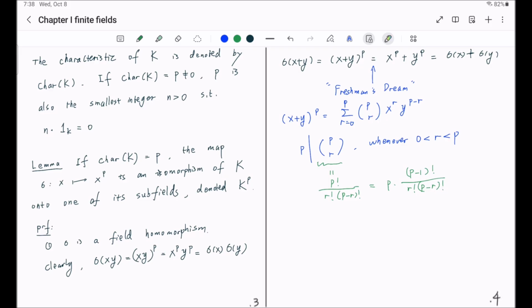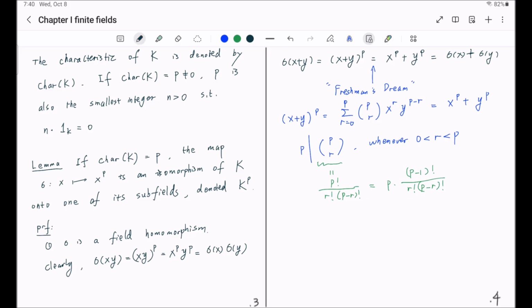So every term with r strictly bigger than 0 and strictly less than p must vanish in the field of characteristic p. So this must be equal to just x^p plus y^p. This verifies this equality. So sigma preserves the sum.